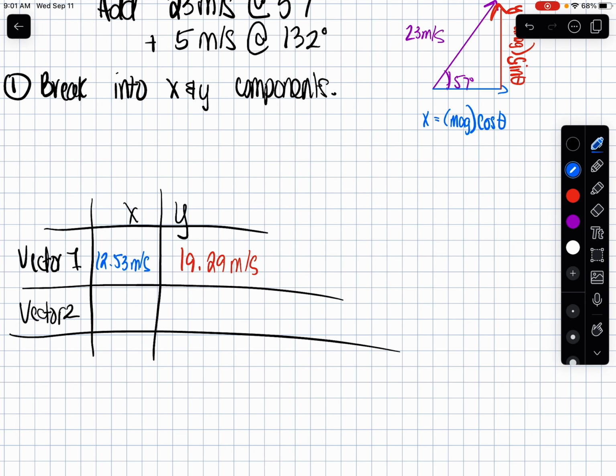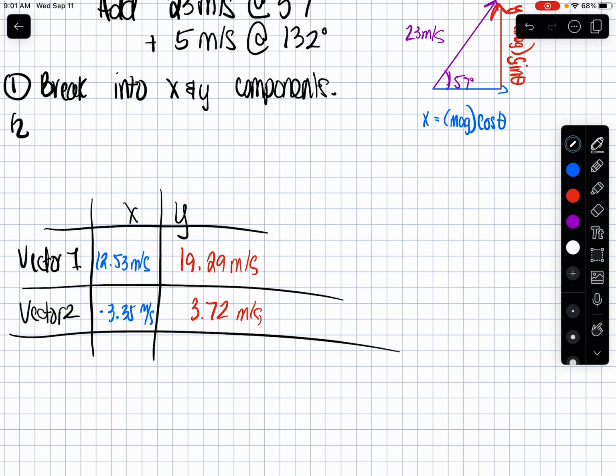So we are going to have a negative x component. That's fine. So it's negative 3.35 meters per second. And our y component is 3.72 meters per second. But that right there is breaking them up into the x and y components. That's step 1.